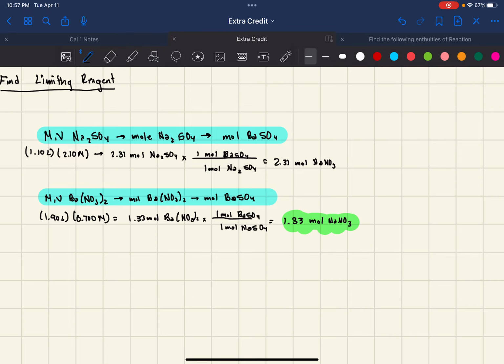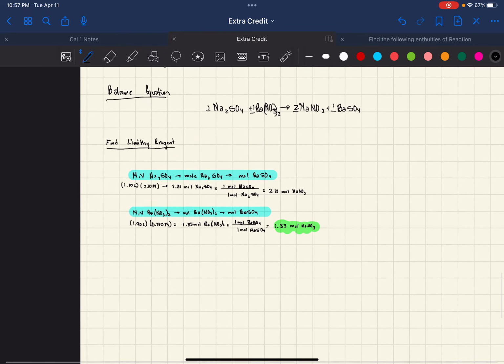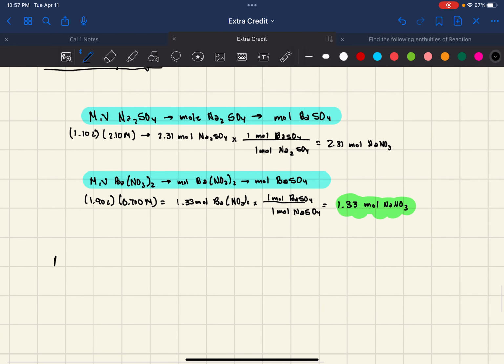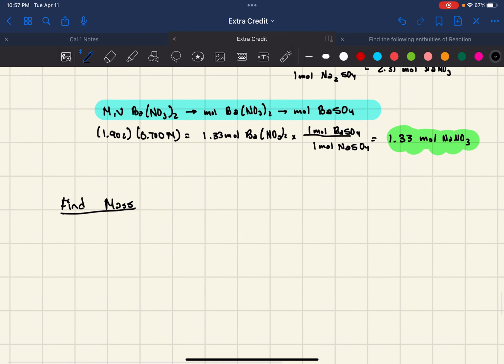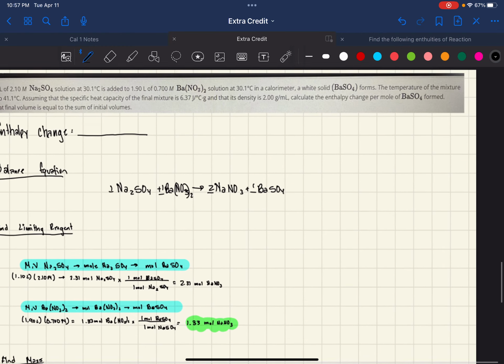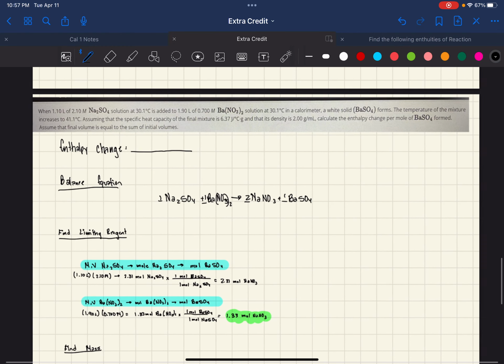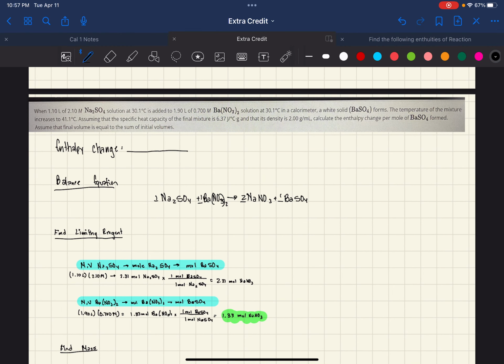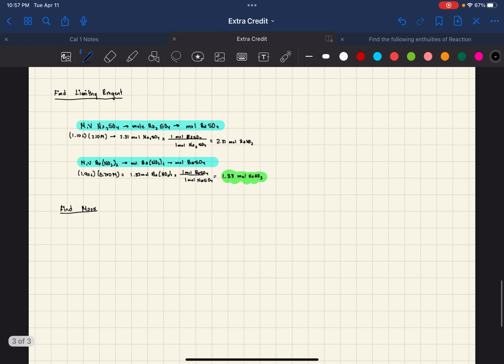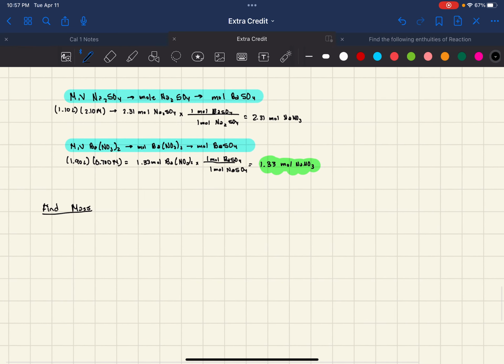All right. So here, the next step is to find mass. We're given density in this problem, and we need to add both of the volumes. But first, we need to convert the volumes to milliliters.